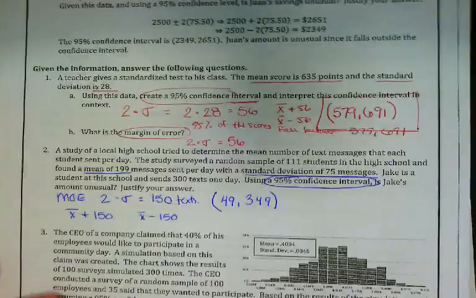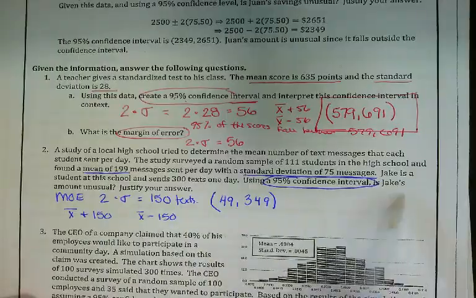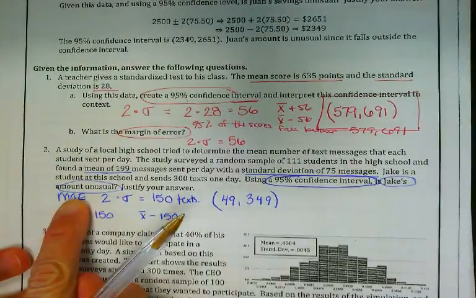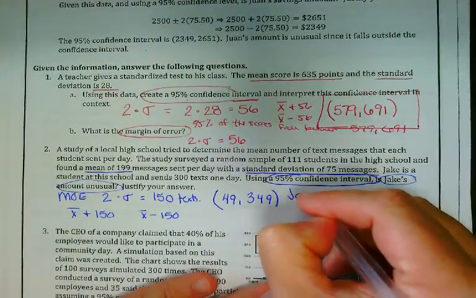Okay. So now that I have the margin of error, I want to answer the question. And the question was, is Jake's amount unusual? So what is Jake's amount? 300. So let's make a nice statement.